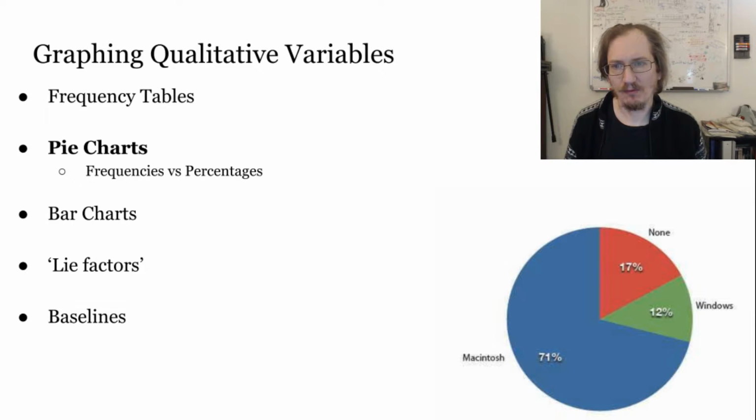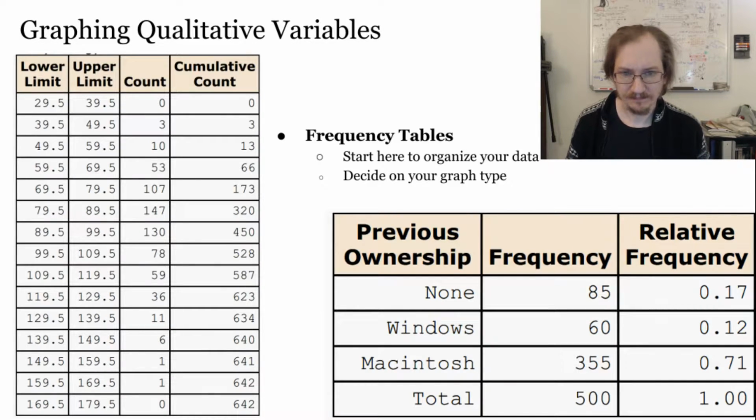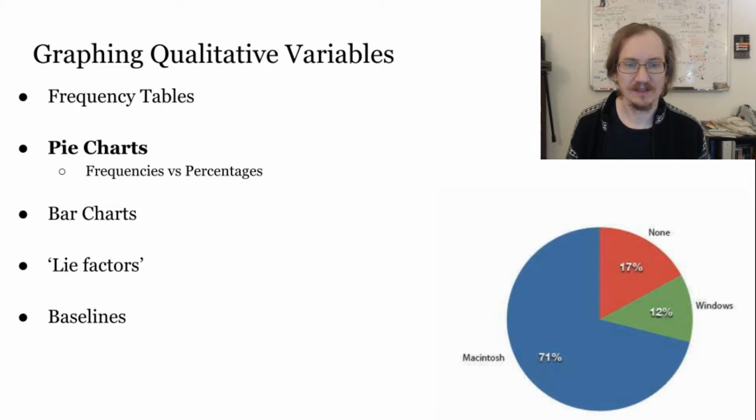One of the things you have to consider when you do a pie chart like this is that you're making it from data shown in the frequency table on the lower right. You have to decide whether you're going to put the frequency or the relative frequency. I recommend, and the book recommends, relative frequency, because it's hard to get an idea of what percentage each of these pie slices is of the overall pie without actually telling the direct percentage.